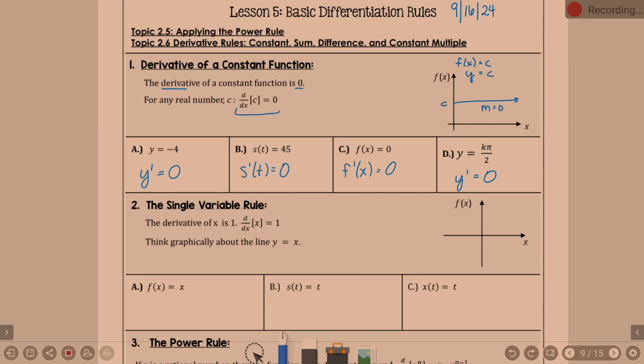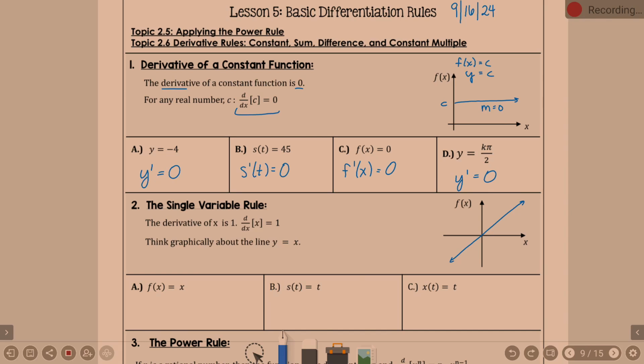The derivative of x is 1. So derivative of x. What does the equation y equals x look like?